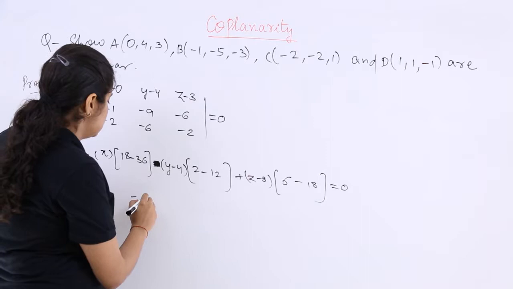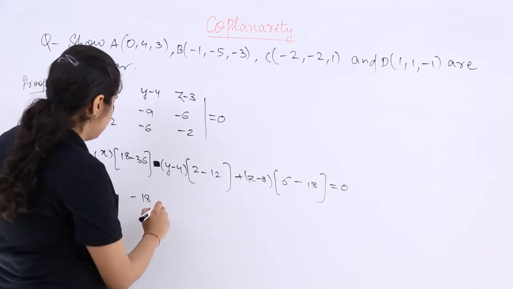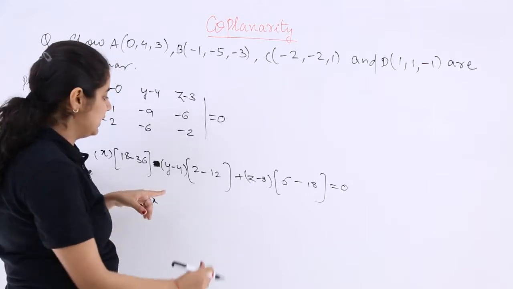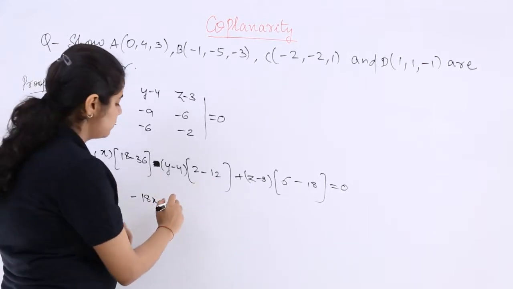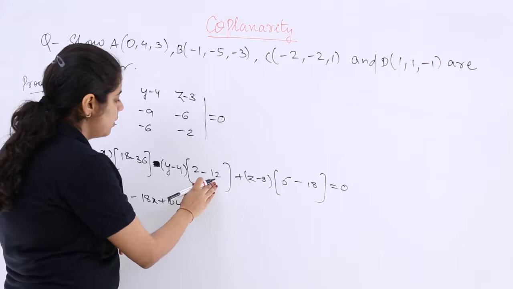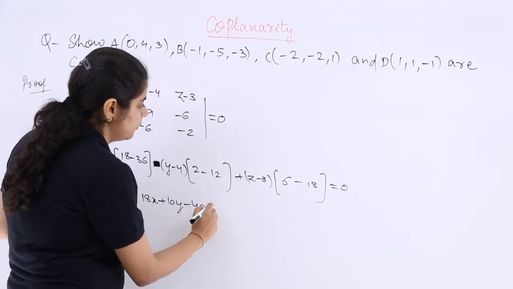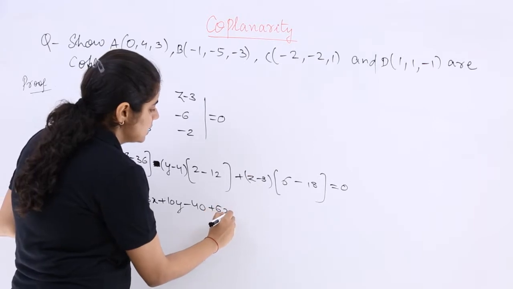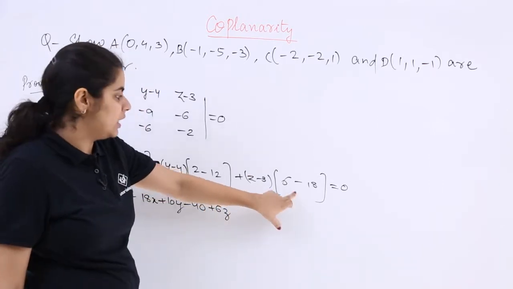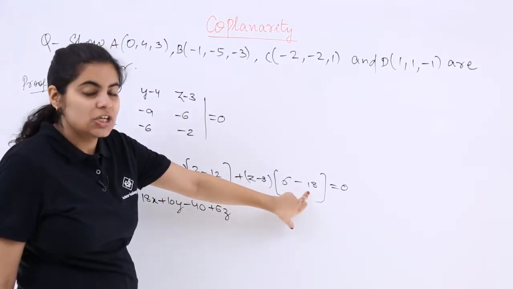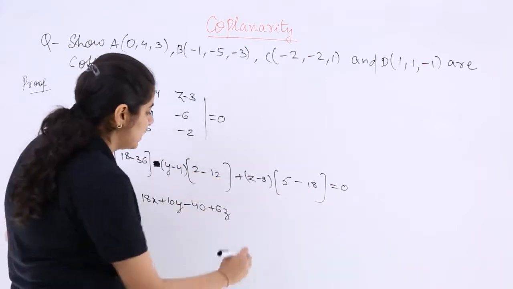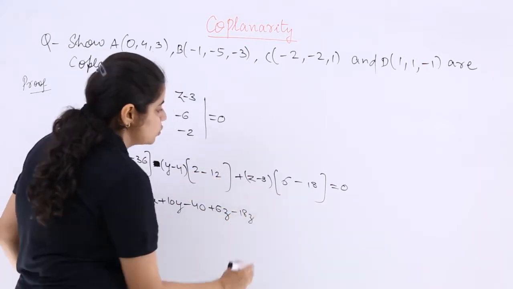So this is minus 18 multiplied by x, then this is minus 10 into minus y, which is plus 10y, minus 10 into plus 4 is minus 40 plus 6z, right, minus 18z. So 6 minus 18 is minus 12, directly you can do minus 12z.